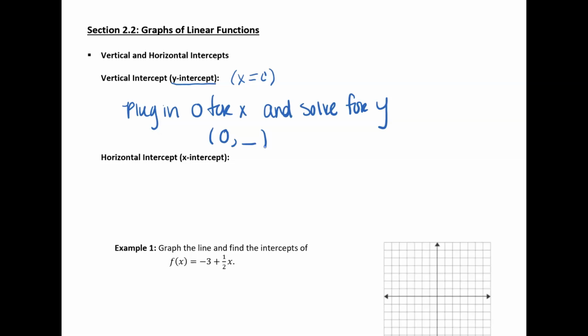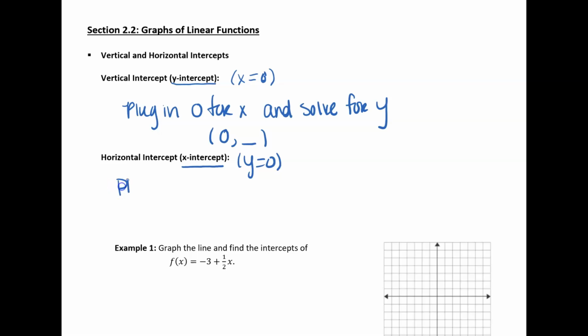The other intercept we're going to look at is called the horizontal intercept, or the x-intercept. They're going to use those two terms interchangeably, so you're going to see some questions with horizontal, some questions with x-intercept. When you're looking for the x-intercept, you're going to set your y equal to 0. So whichever one you're looking for, zero out the other letter.